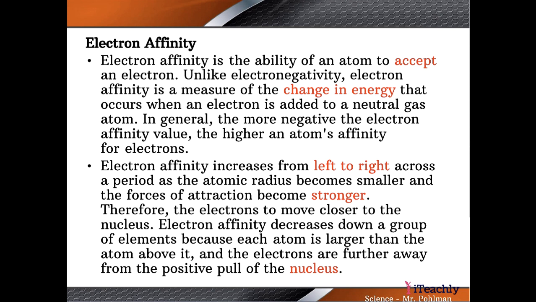So therefore, the electrons move closer to the nucleus, and electron affinity decreases as you go down a group. And again, they don't want electrons. If you're looking at francium, rubidium, they don't want electrons. The larger they are, the more likely they are to give them away, not gain them.